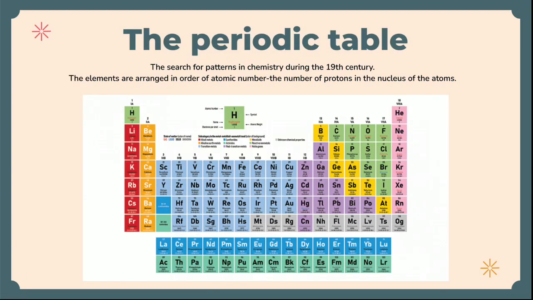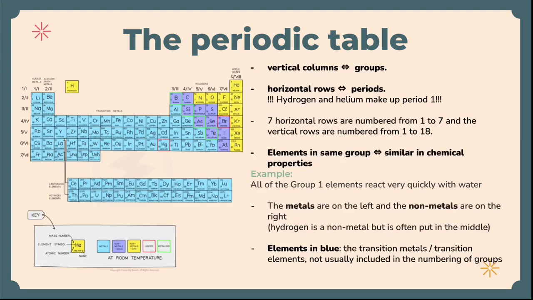The periodic table. The search for patterns in chemistry during the 19th century resulted in the modern periodic table. The elements are arranged in order of atomic number, the number of protons in the nucleus of the atom.